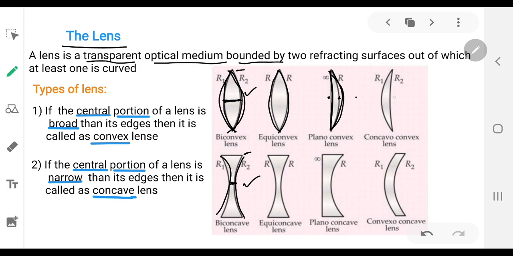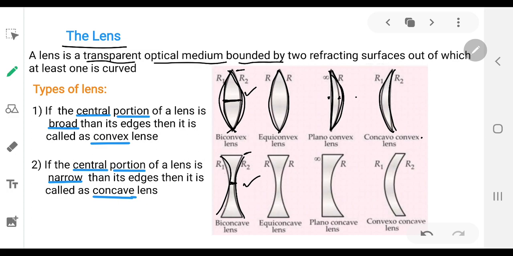Now, among two refracting surfaces, if one is concave and another is convex, then it is called a concavo-convex lens. One surface is concave towards the rarer medium, another surface is convex towards the rarer medium.